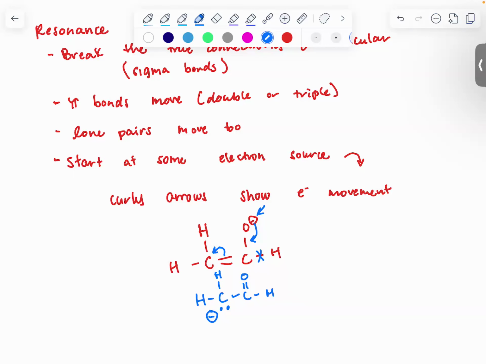One thing to remember with resonance forms, or a way to check your work, is conservation of charge. If you start with a neutral molecule, all of your resonance structures should also be neutral molecules. That doesn't necessarily mean they could have no charge, but it means that you should have a positive and a negative, or two positives and two negatives.